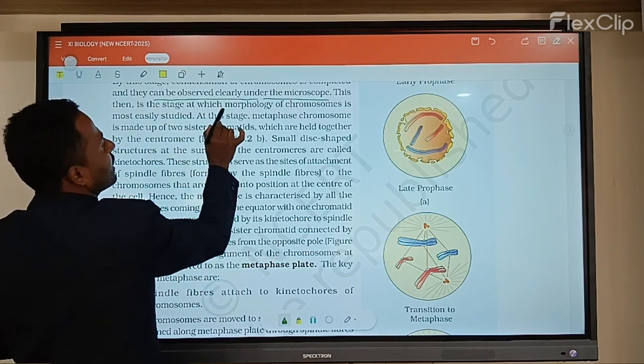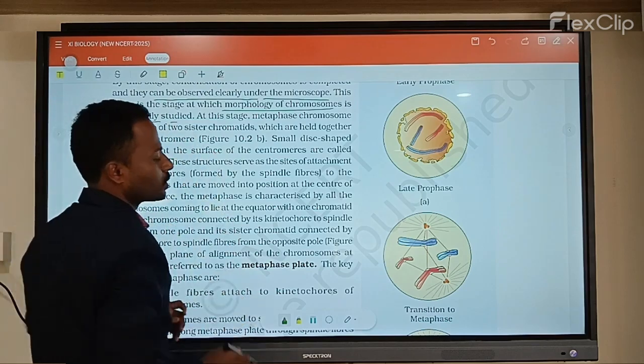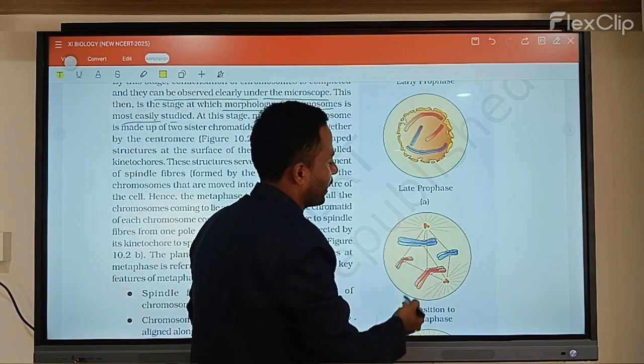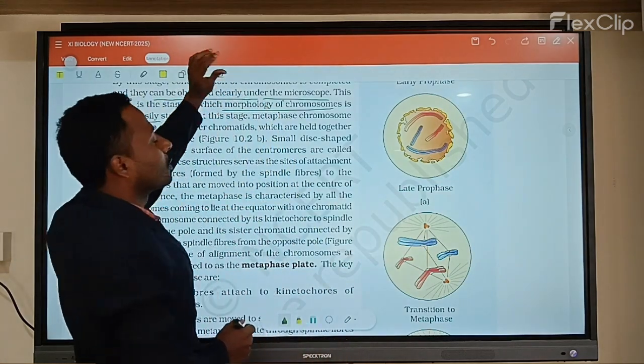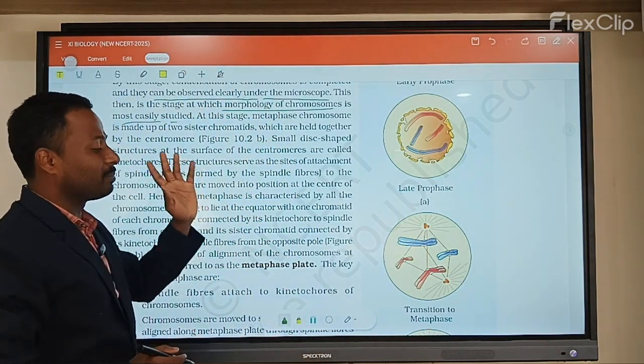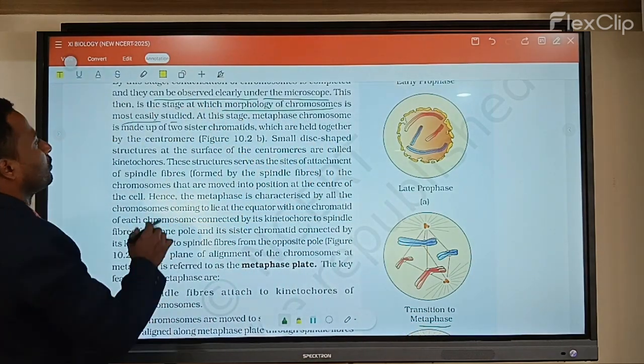This is the stage at which the morphology of the chromosome is most easily studied. When the chromosomes are separated, they are easily observed. So chromosome morphology is seen mostly in metaphase only.